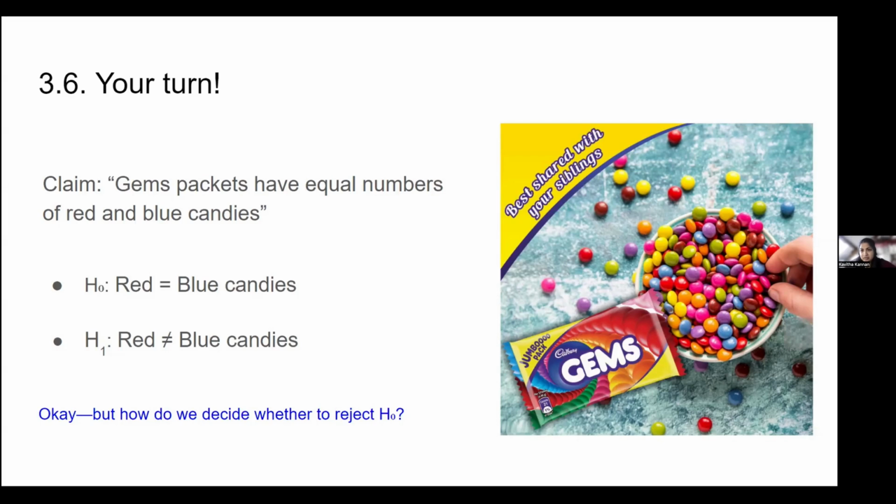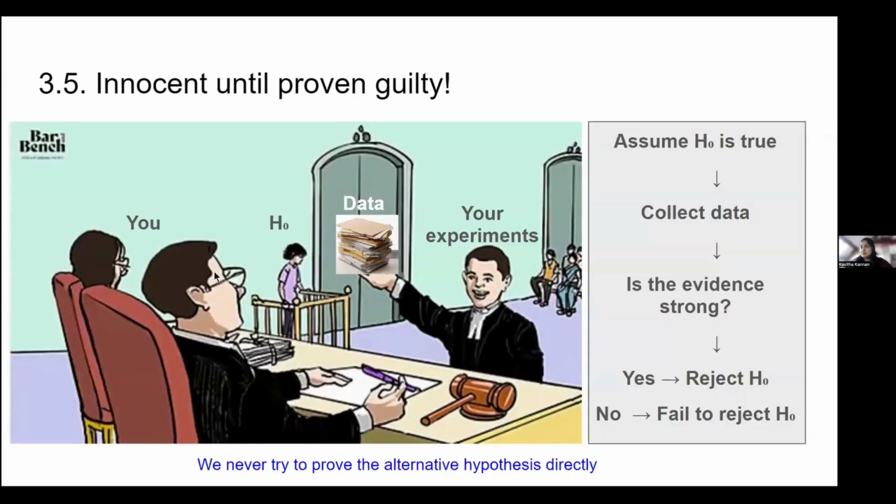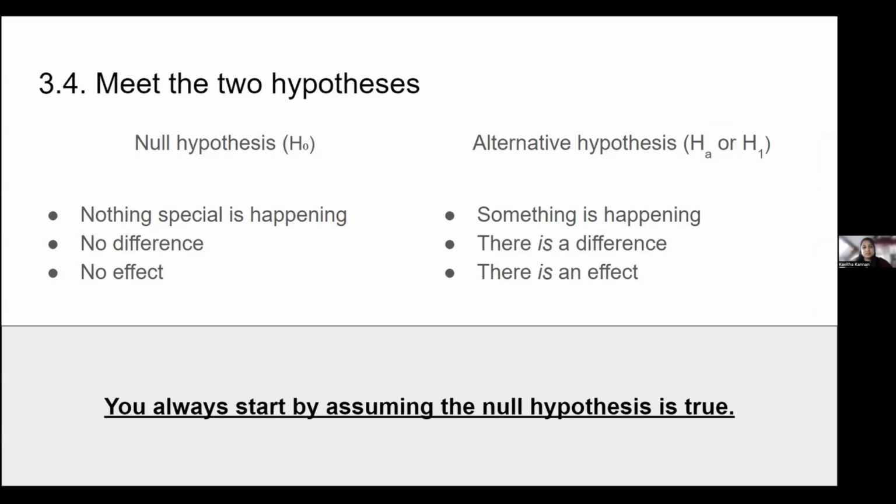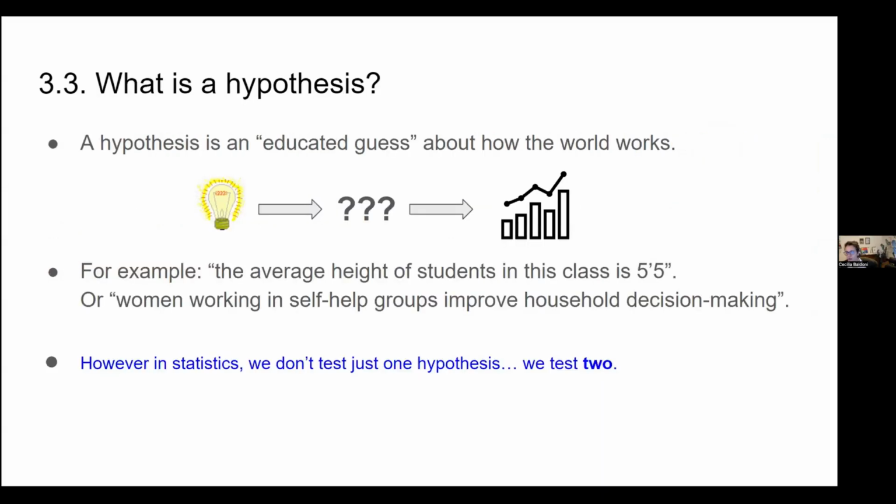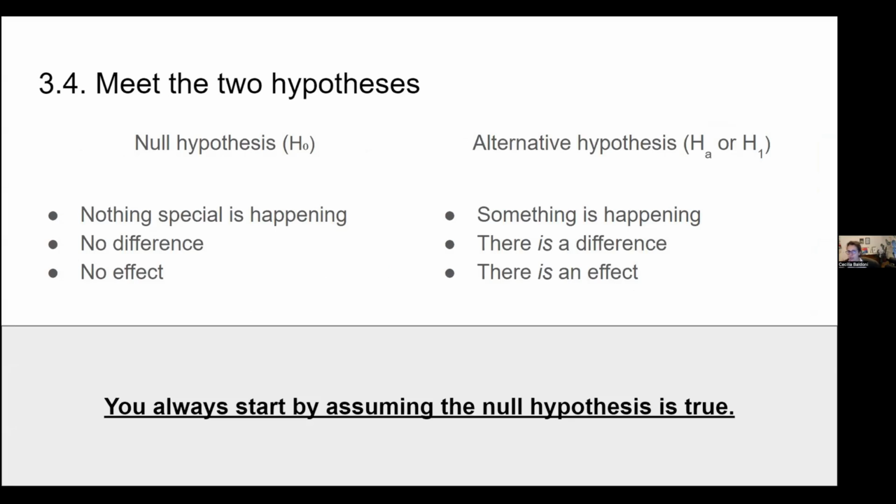I think there's a bit of confusion in this group today. Yeah, I noticed too. So one way, Kavita, if you go back to the previous slides, it's the same thing. So the null hypothesis is the claim.